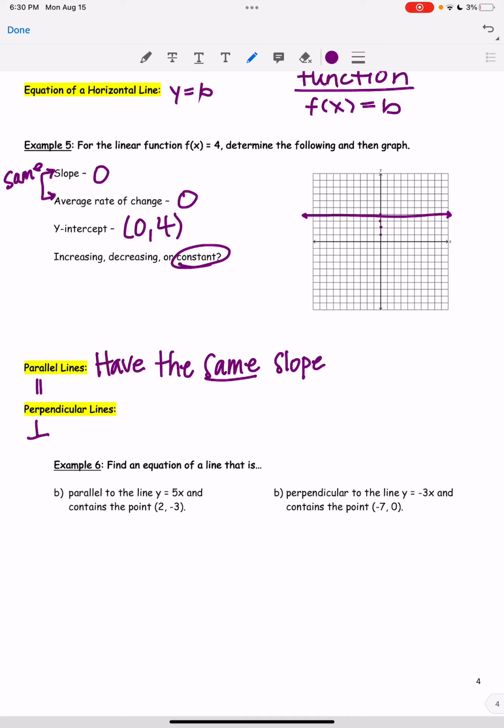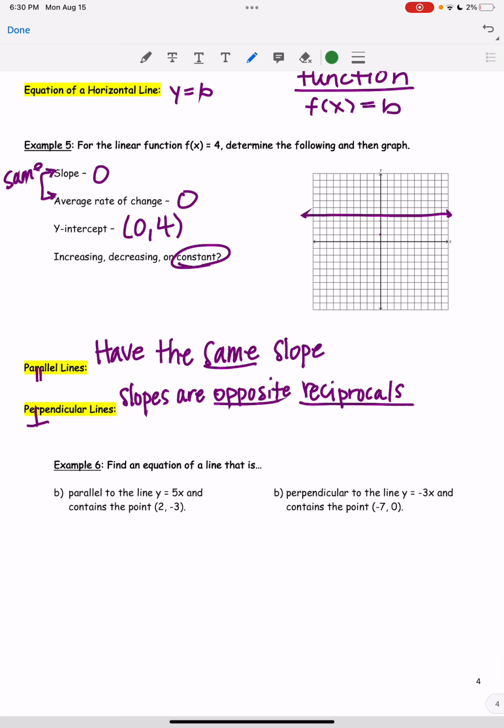Perpendicular lines, these have slopes, or we'll just say slopes are opposite reciprocals. So what I mean by opposite is opposite signs. One's positive, one's negative. And reciprocals means you're flipping the fraction.